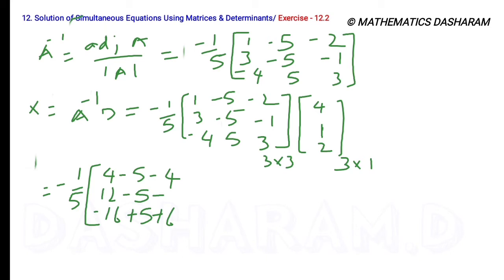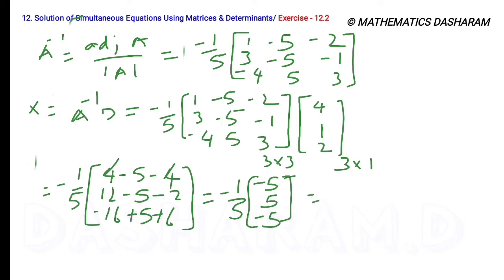So it is equal to minus 1 by 5 times: 4 minus 4 cancel, so here it is minus 5. Next, 12 minus 7, it is equal to 5. Next, minus 16 plus 11, it is equal to minus 5.